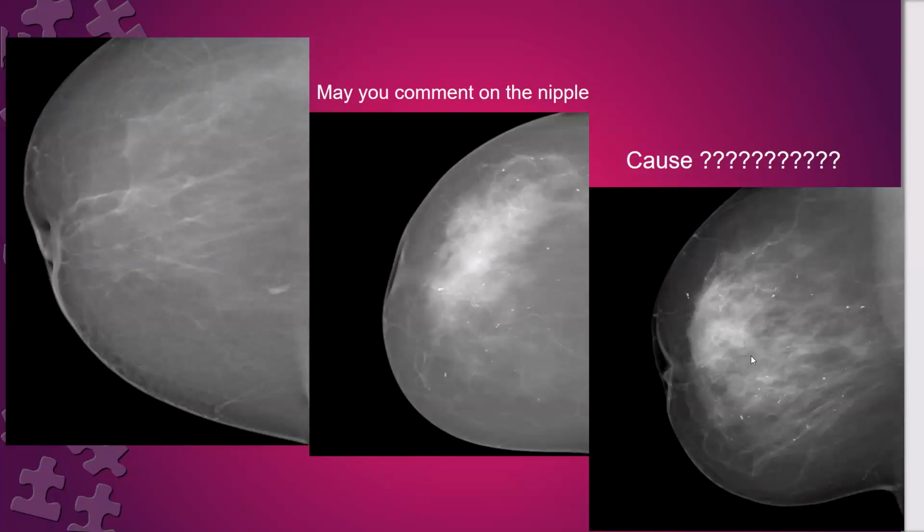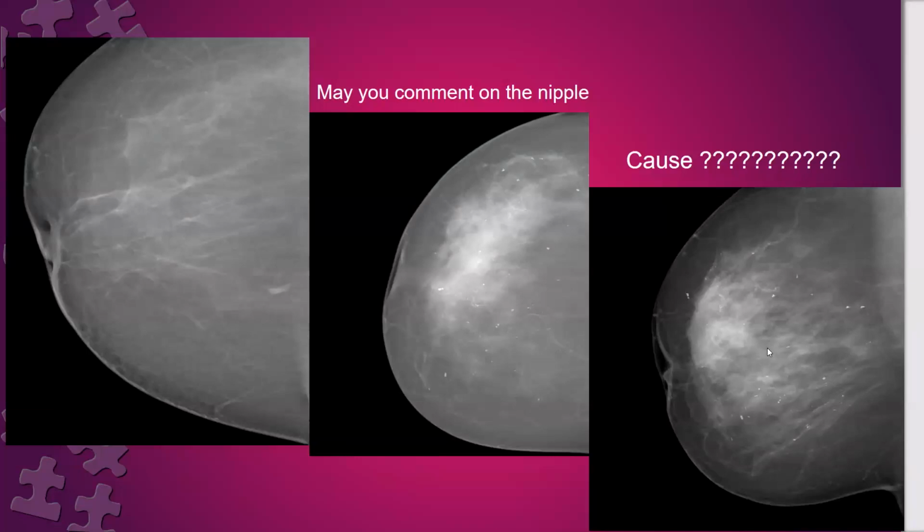Secretory calcification, or milk of calcium? This is not milk of calcium. But what do we call this type of breast having chronic ductectasia with subsequent nipple retraction and diffuse benign ductal calcification?